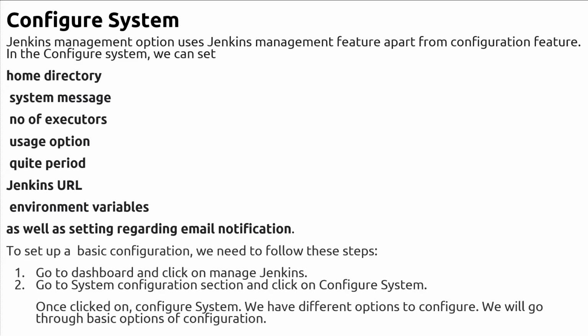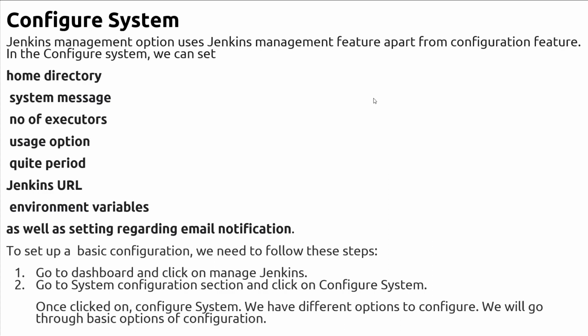We'll go through all these options and see what their uses are. I'll give the definition of all the options so you can get to know what exactly the use of this configure system is. This is very important for Jenkins, because once you configure your system, based on that you can execute your Jenkins server.